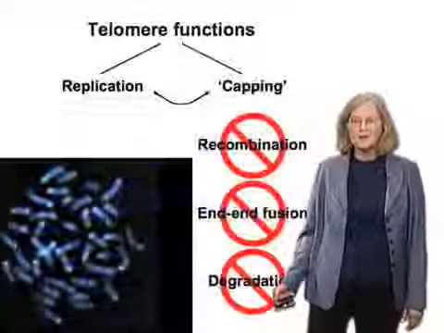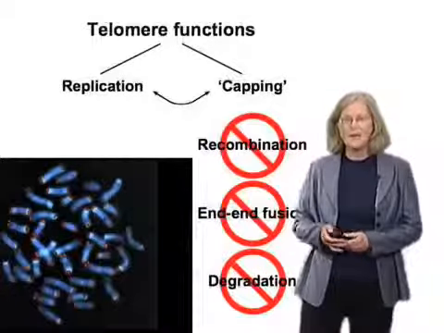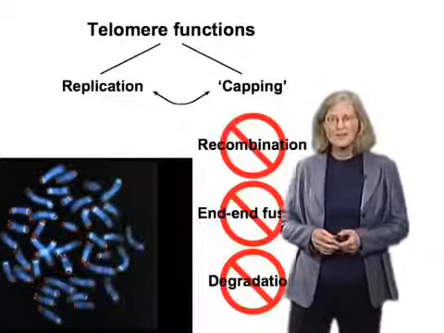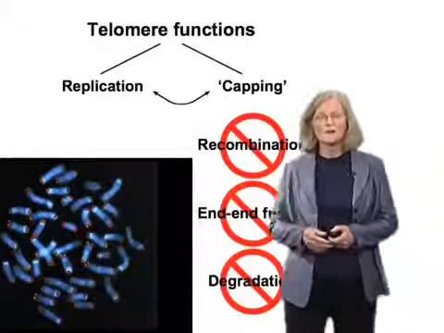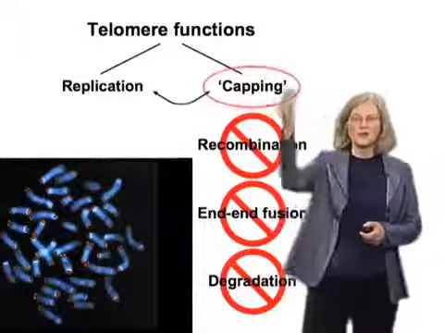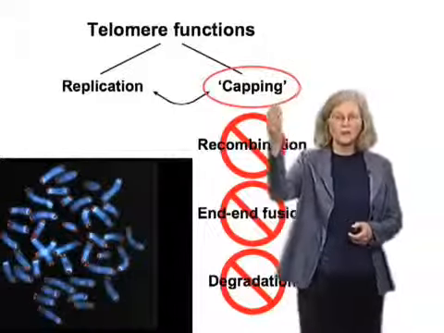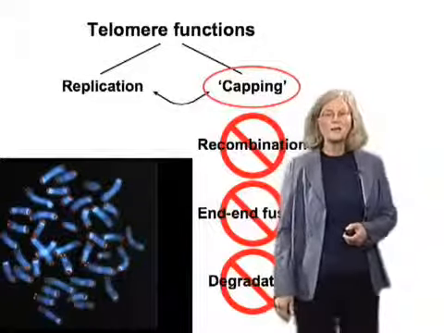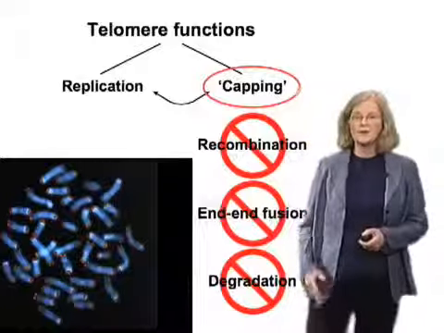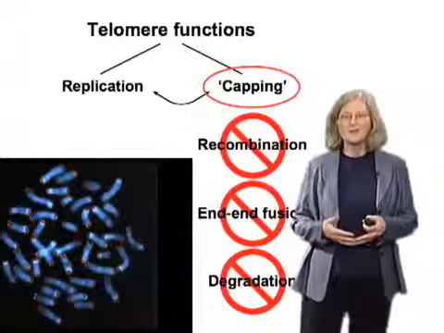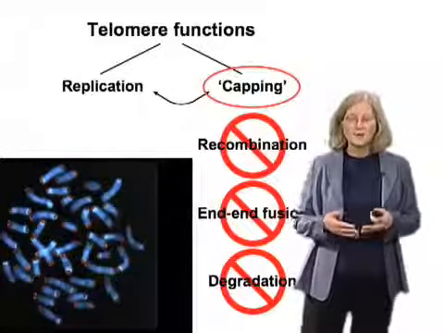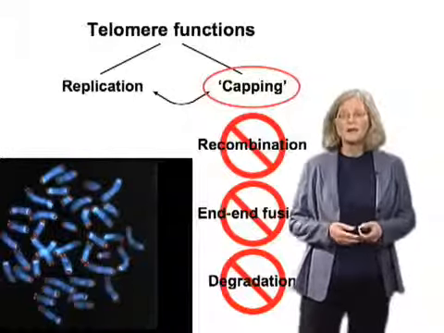Now, the job of a cell is to seal up any DNA breaks that happen by accident. And so a major part of this capping function, which is one of the aspects of telomere functions, is to prevent the telomeres from undergoing those very DNA transactions, those very DNA reactions that are undergone by a broken DNA end.